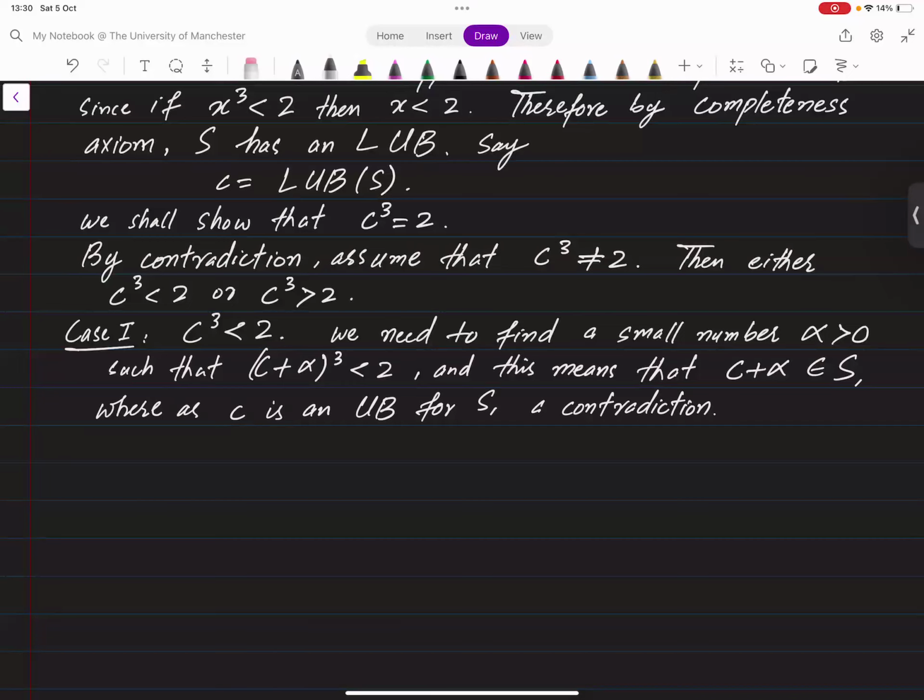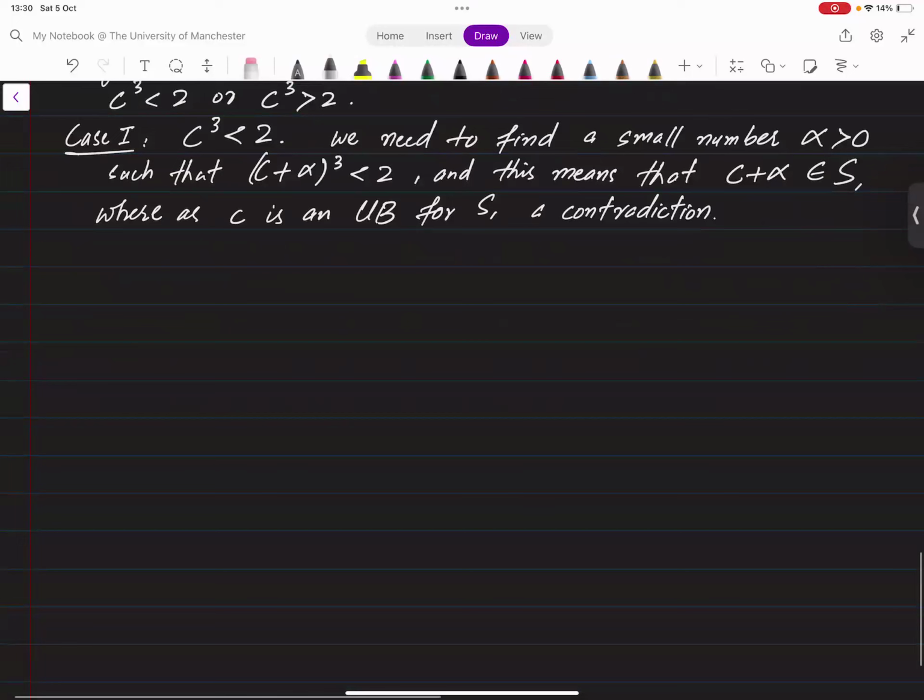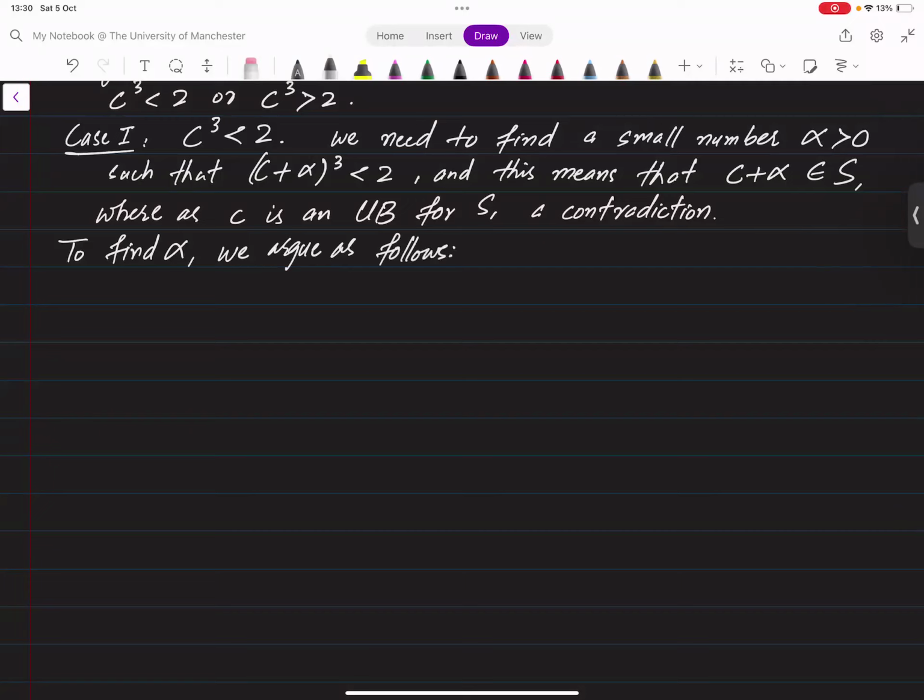Okay, so to find alpha, we argue as follows. Also, I have chosen to present the steps in reverse in order to make it clear how the argument was found.